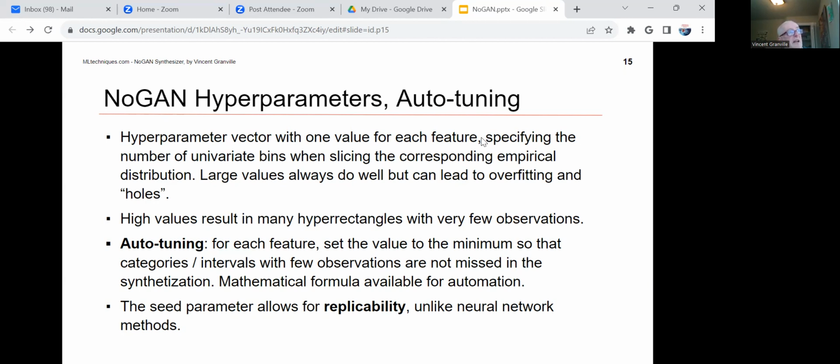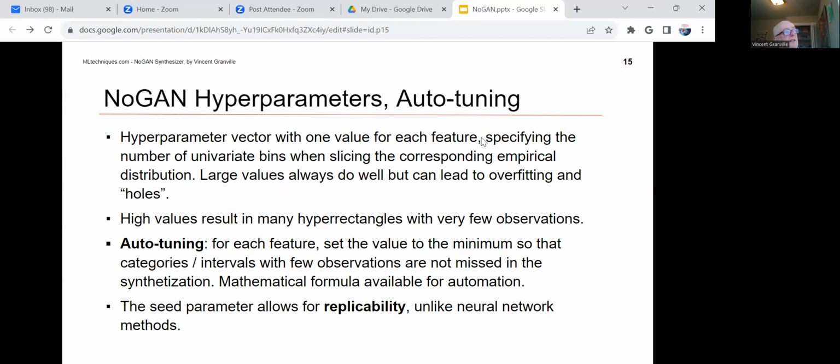Obviously, if you decide on a large number, you are going to get better results. Usually, you're not going to miss some rare categories, for instance. The drawback of using very large values is that you can overfit.